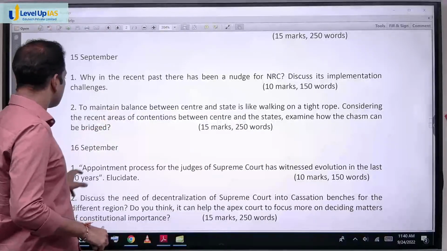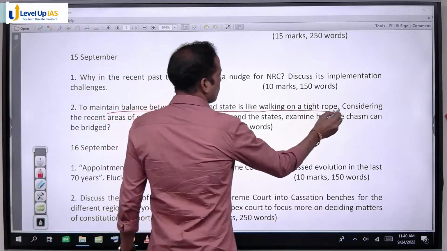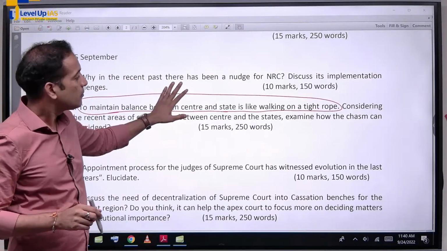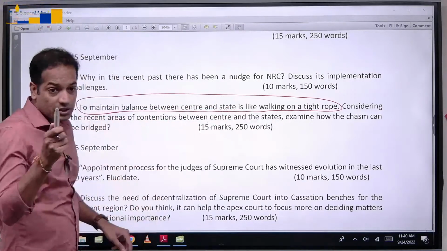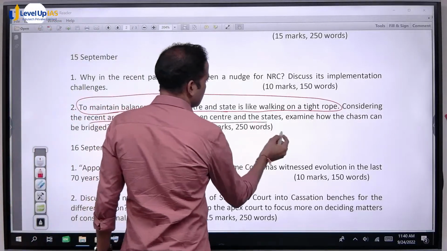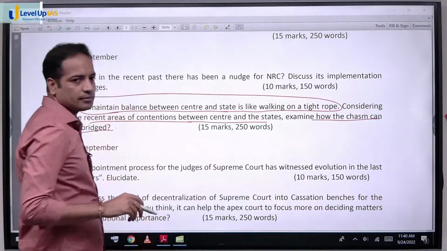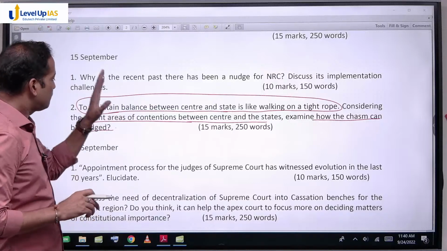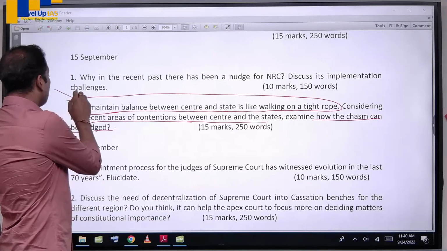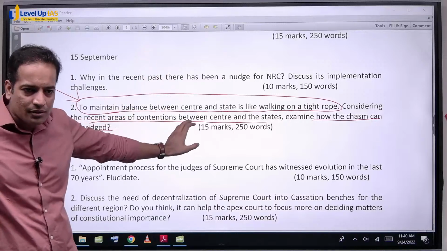हाँ देखिए, ये वाला सवाल है: To maintain balance between center and state is like walking on a tightrope. This is just one statement, and then comes the question that considering the recent areas of contention between state and center, examine how the chasm can be bridged, ठीक है। So here what you have to do is, you have to substantiate this first line, because this is the first part of the question.